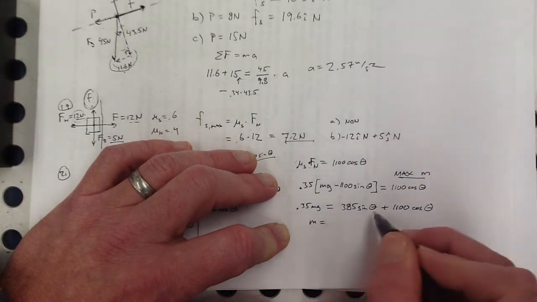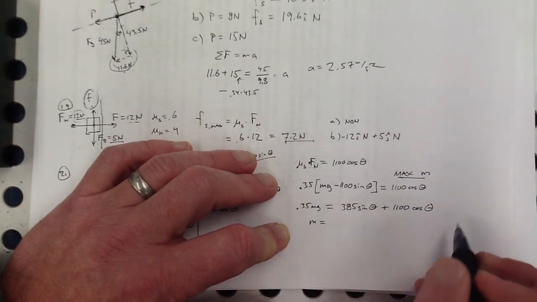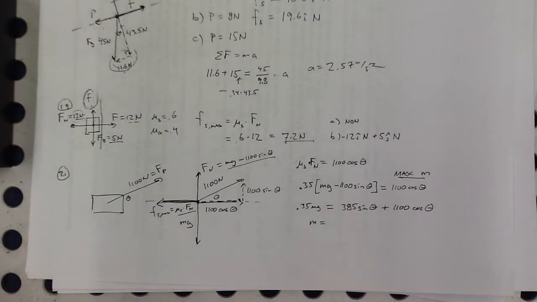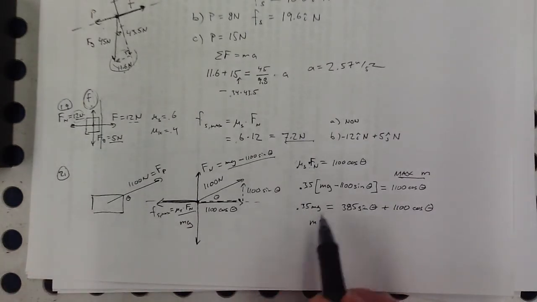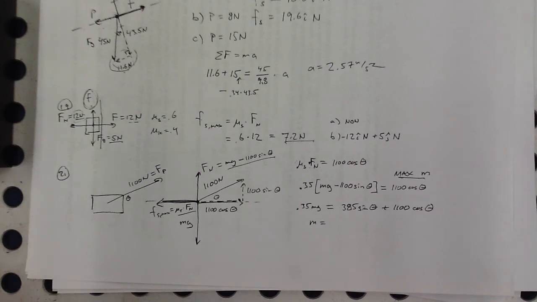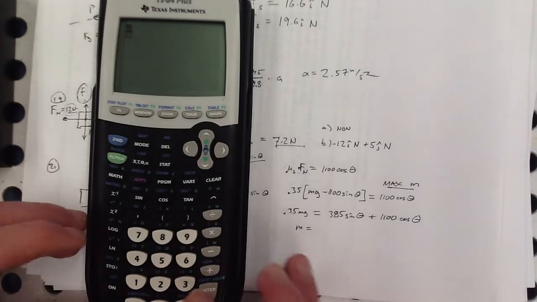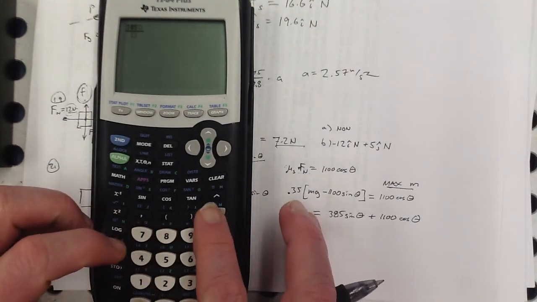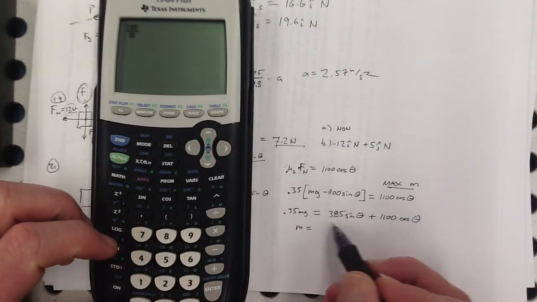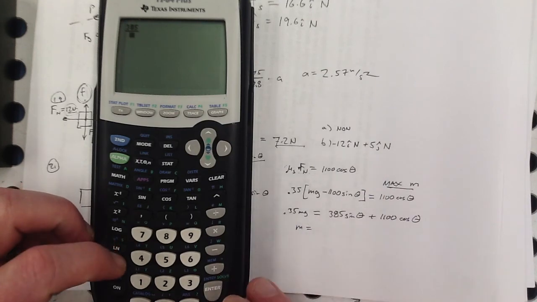I'm going to go ahead and do that to those numbers so I have a cleaner look at this. So I've got 385 divided by 0.35 g.